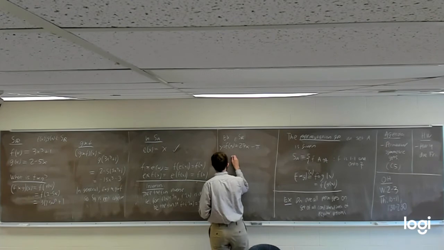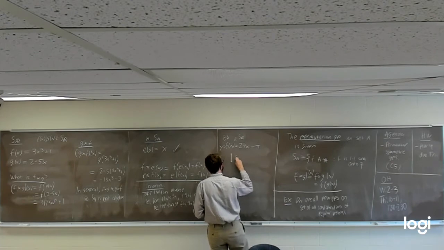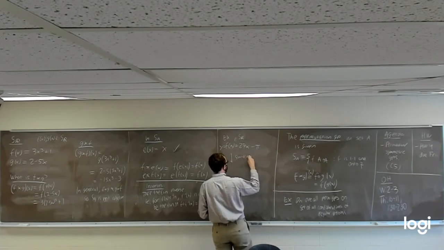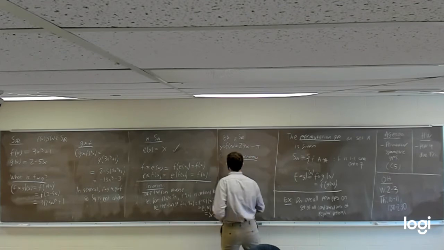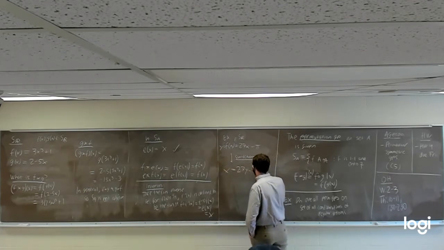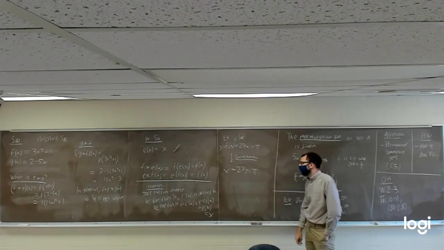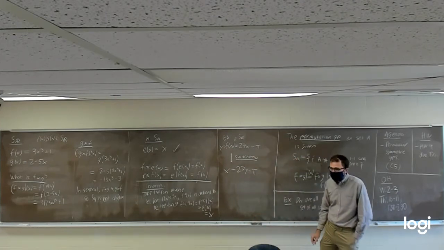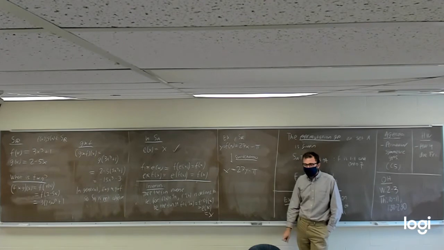So in this case, when we do our switcheroo, we're going to get x is equal to 27y minus pi. What do we want to do with this if we want to solve this for y?